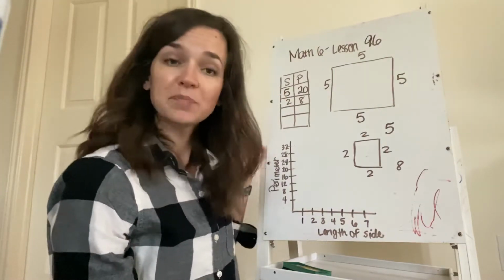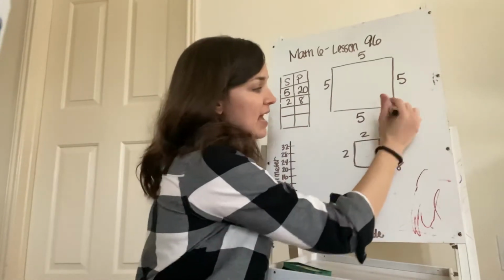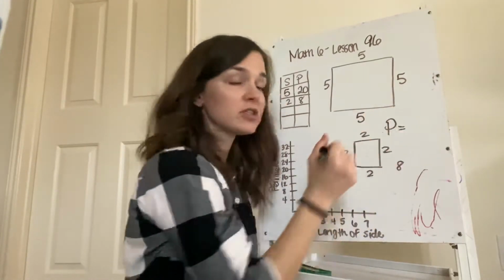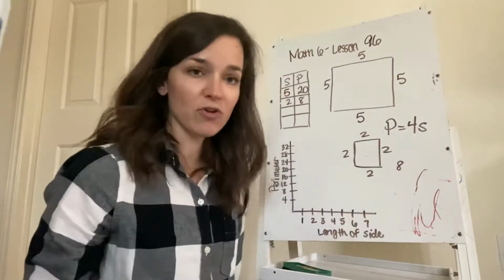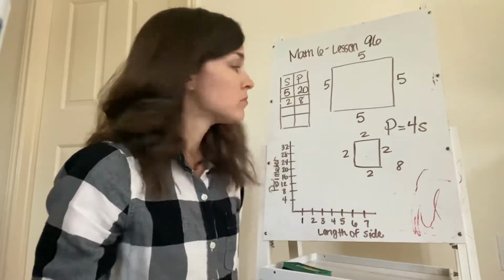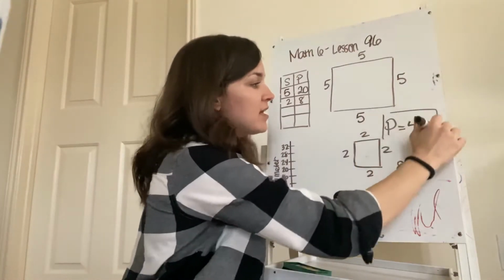But a rule of multiplying by 4 works here. So the perimeter of a square is always 4 times whatever the side length is, okay? And that just gives us our rule or our function right here.